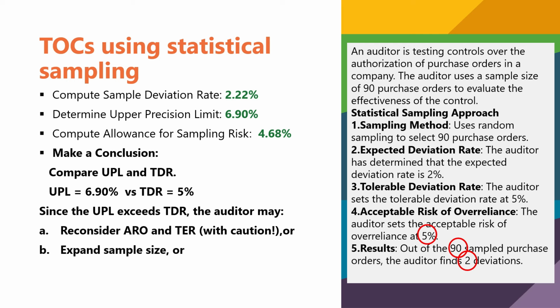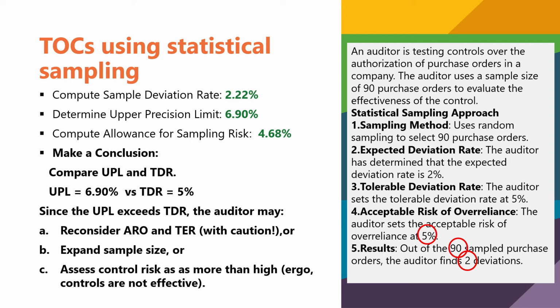Another option that the auditor can consider is to expand the sample size, meaning to test more units. Or the auditor may assess control risk as high, ergo the controls are not effective.